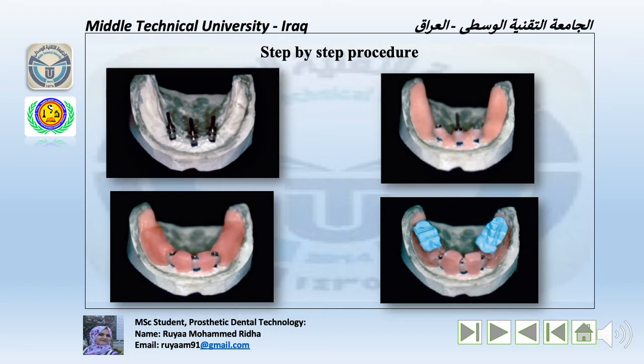Continue by making the base plates on the cast, incorporating the direct impression transfer coping. Also make the wax rim attached to the base plate and record the occlusal vertical dimension and the bite registration that is used to mount the maxillary and mandibular wax rims.